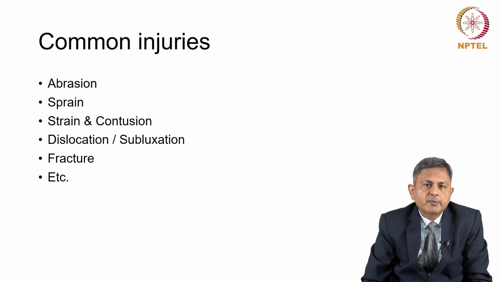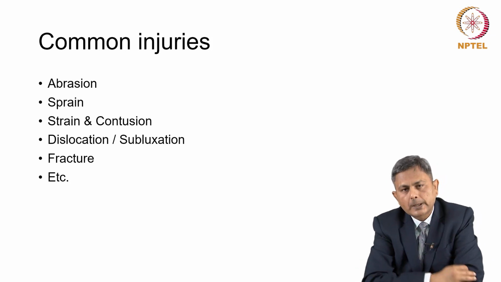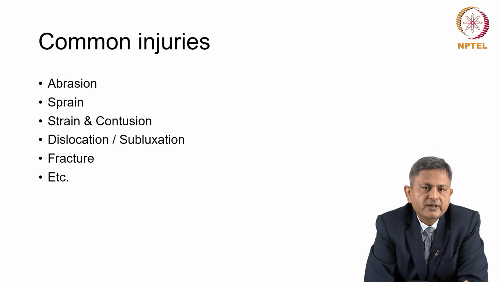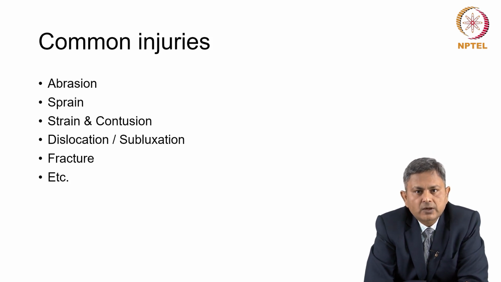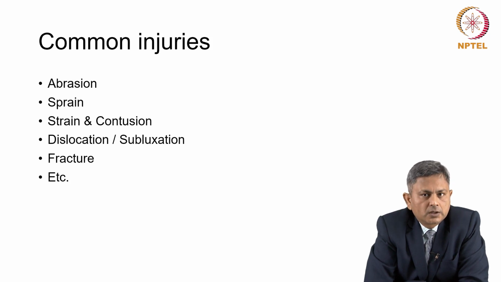These ligaments protect our joint from any unnatural movement. So sprains are injuries of ligaments, and ligaments are the passive support of that joint. Then comes strain and contusion.